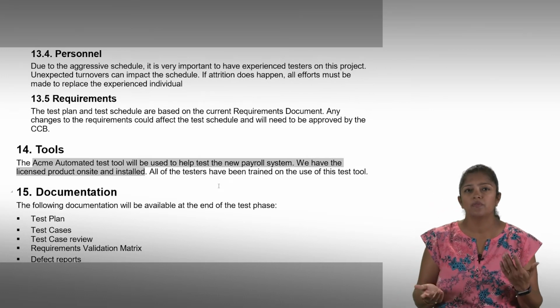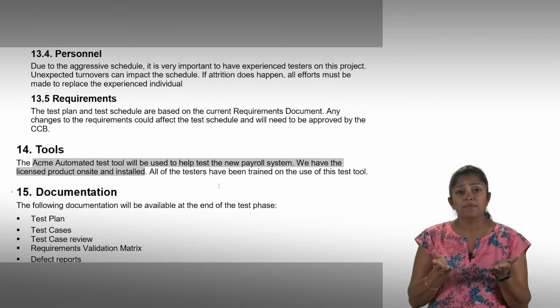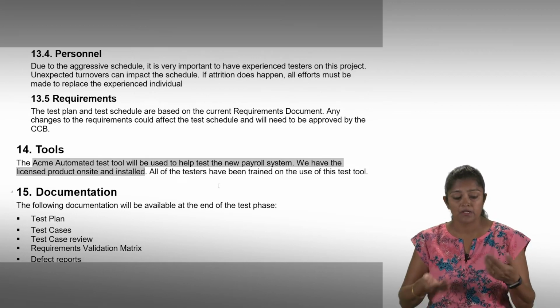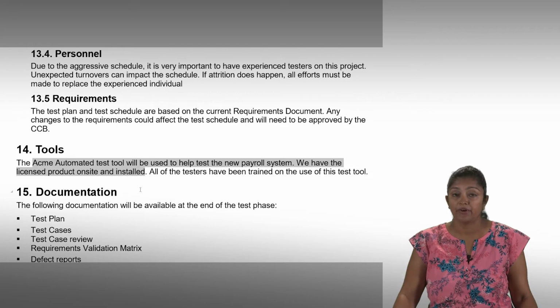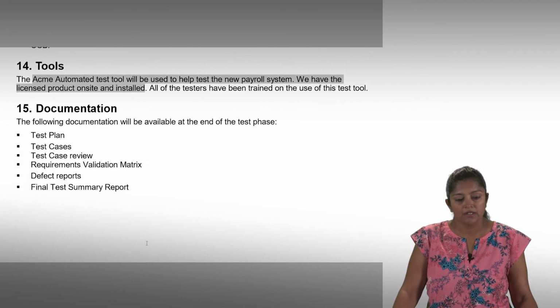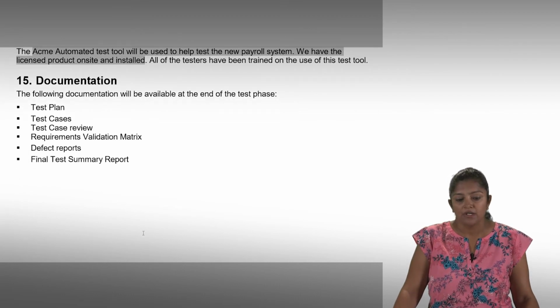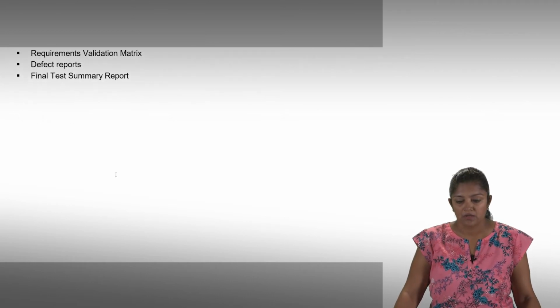So there are tools that can be used, and where the scripts can be written in order to automate the process. So all of those will have to be identified and listed in this tools section. And then finally the documentation that will be available at the end of the test phase, all of those documents are listed over here.